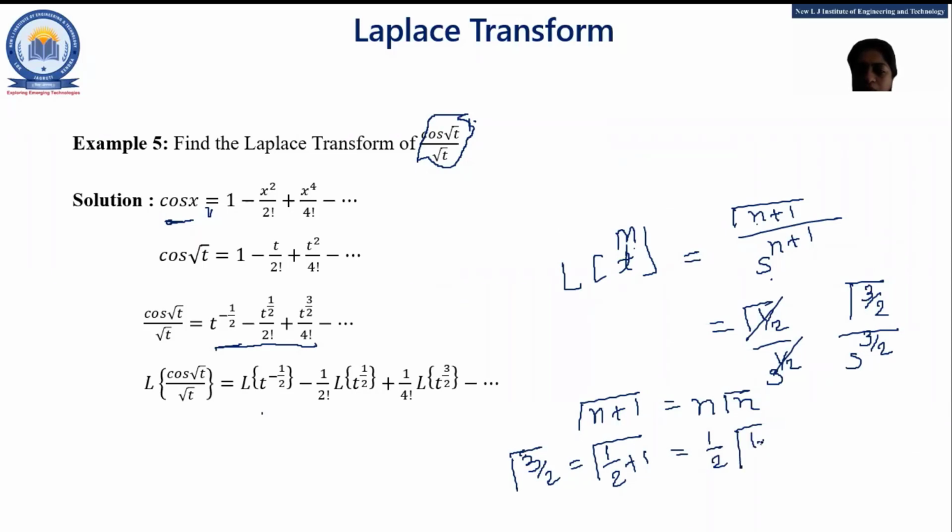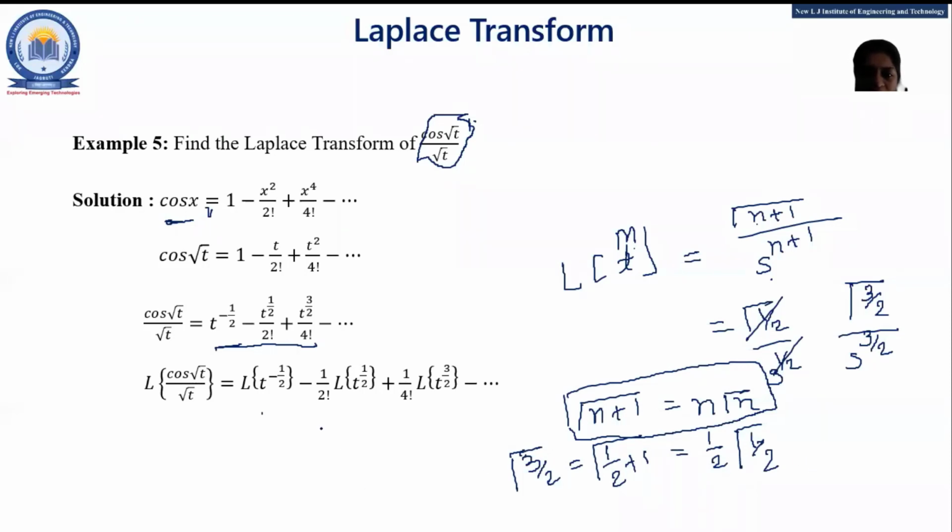Got it, everyone? This is the most important formula: gamma n plus 1 is equal to n gamma n. So gamma 3 by 2, which is gamma 1 half plus 1, is equal to 1 half gamma 1 half.